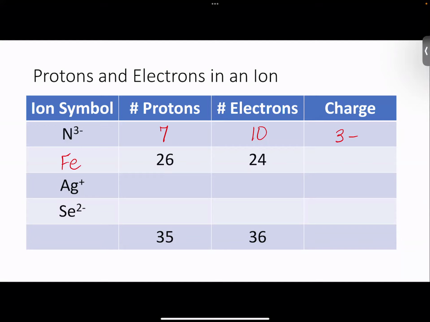Now, you can take that plus 26 and you have electrons, which are a negative 24. Plus 26 minus 24 comes out to be plus 2. So therefore, the iron is a 2 plus charge. Take a moment to do the next 3.